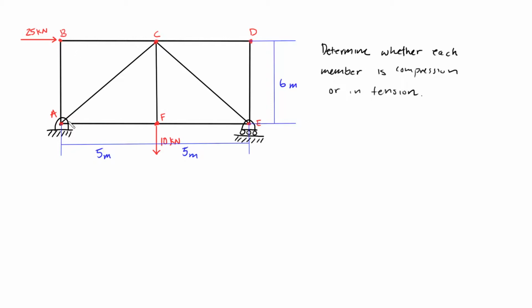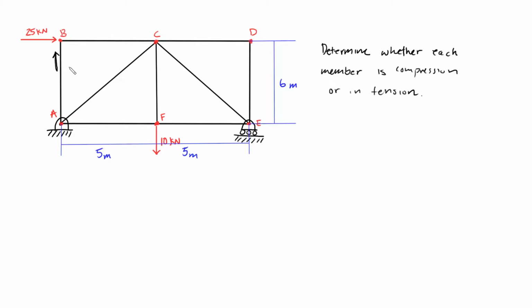However, if we look at the member AB, the reaction force would either be pointing down or pointing upward. And either way, there's no reaction force balancing this force in AB. So that means there's no force up here to counteract this force, and since there's no force up there, the joint is not in equilibrium.